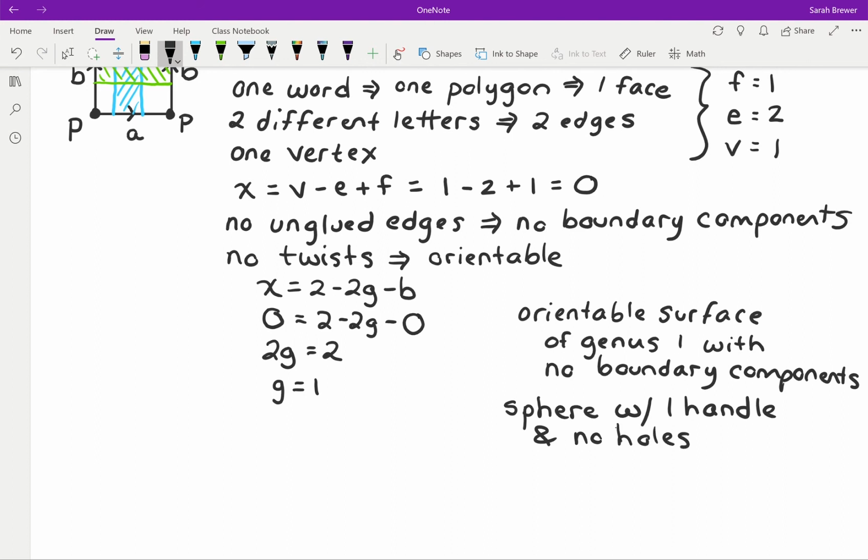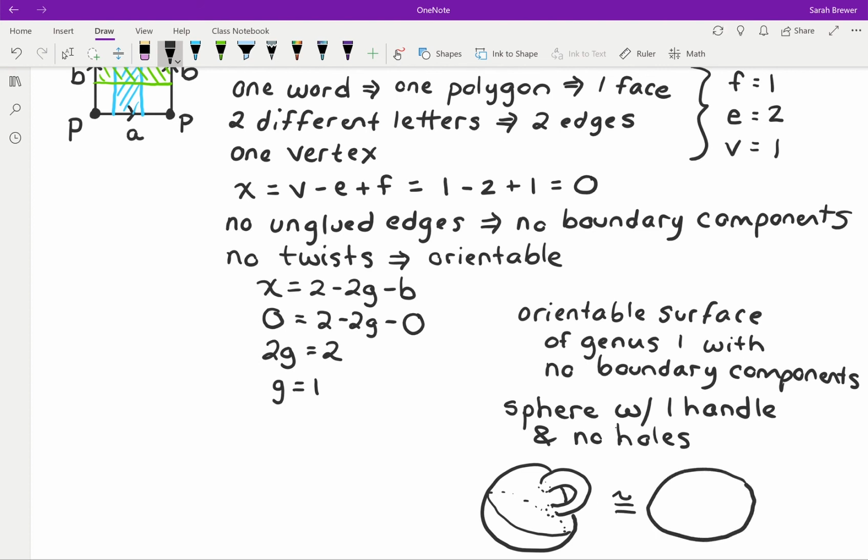So I could kind of draw this like this if I wanted to. There's my sphere with a little handle on it. It's kind of silly. So it's got no holes, it just has this one handle. But the better way to describe this is as a torus.